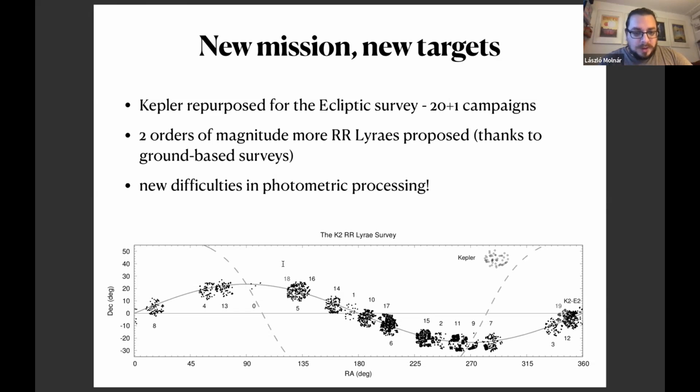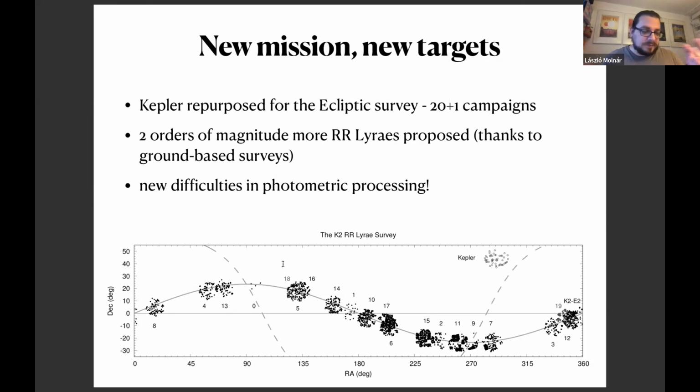And with K2, we were able to go 2 orders of magnitude higher in the number of proposed RR Lyrae stars compared to the original mission. So in Kepler, I think about 40 to 50 stars were observed. And in the K2 mission, we proposed over 4,000, which was a huge success.